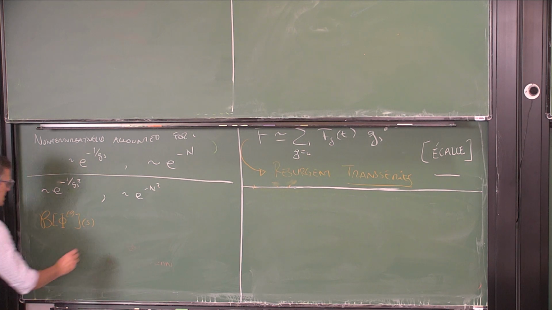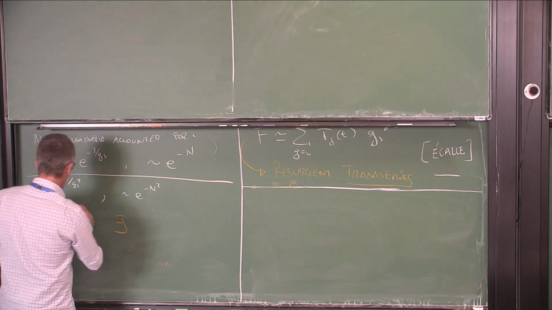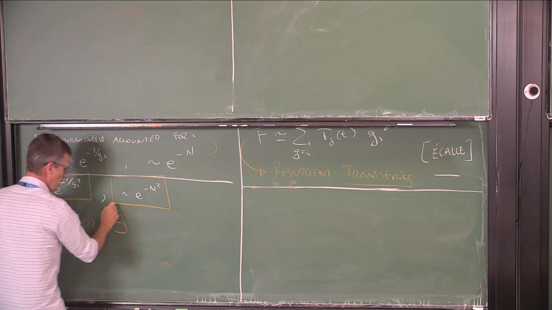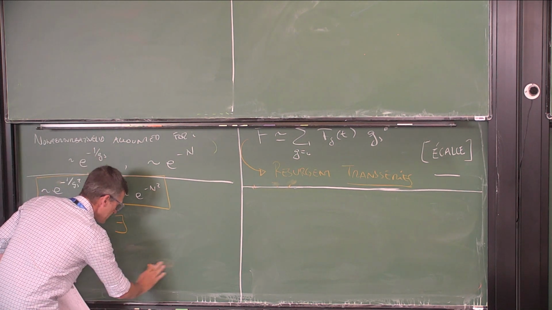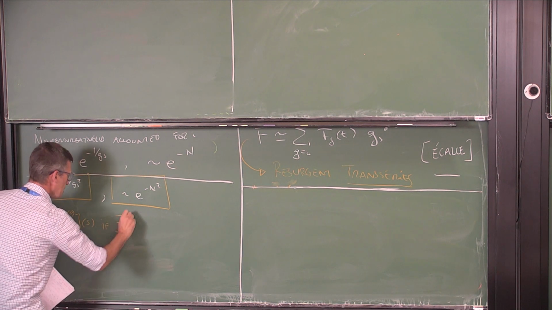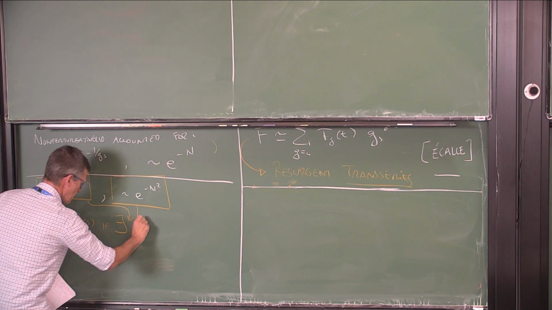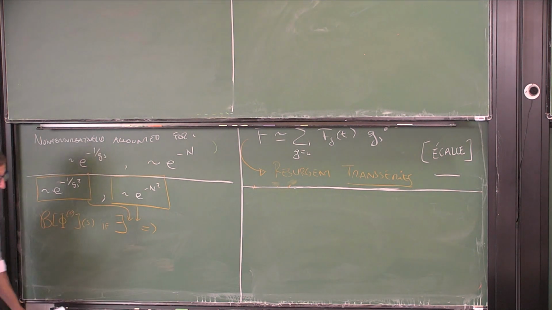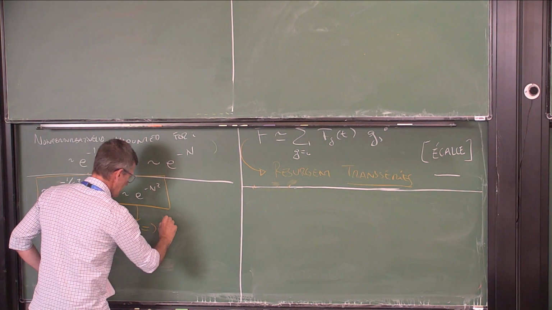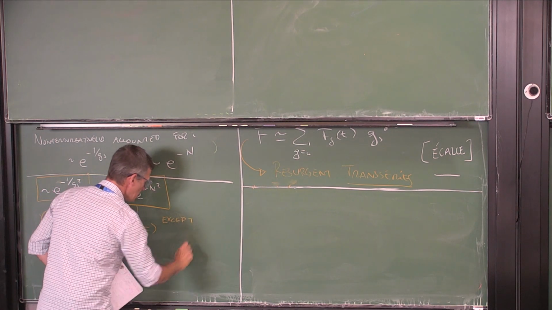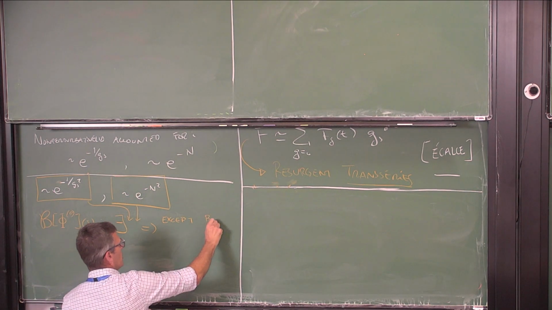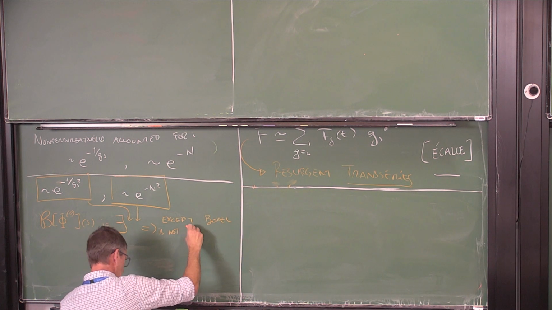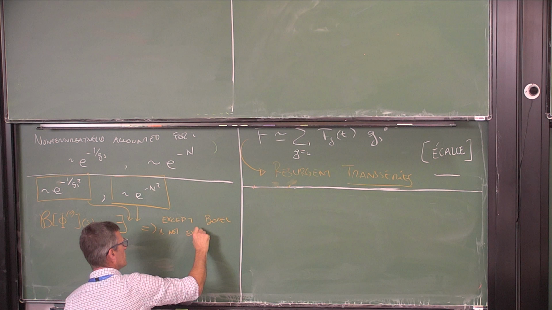And the existence of this type of terms in orange, if these guys exist, then everything goes as before, except the Borel transform is no longer exponentially bounded at infinity.